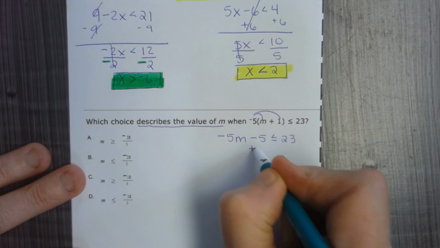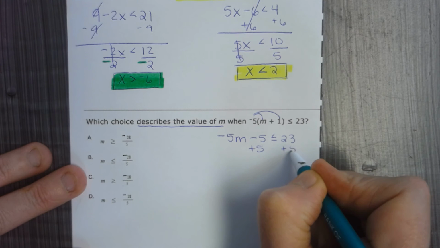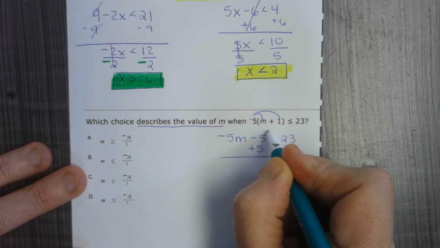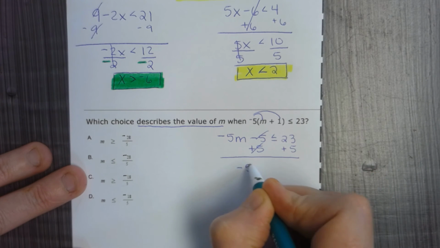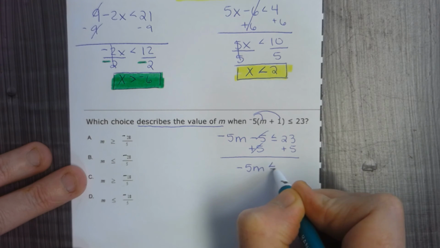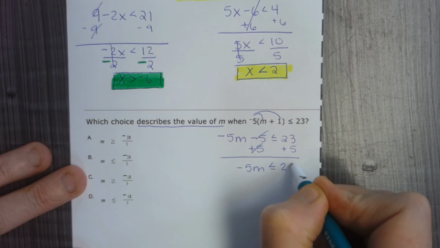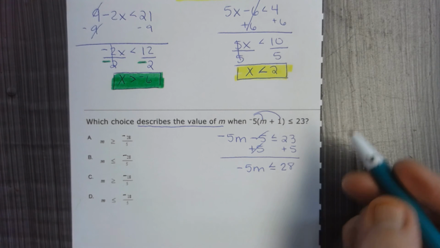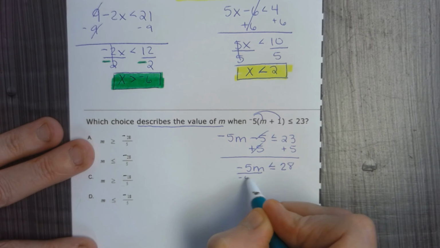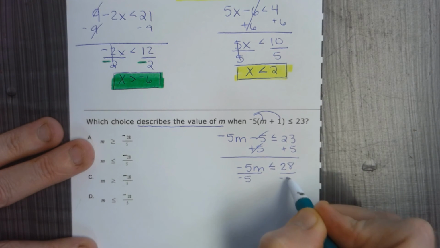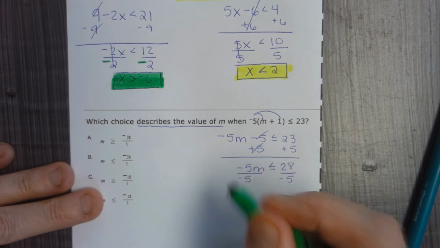Okay, we're going to add 5 to both sides of the inequality. Bring down negative 5m. Bring down your inequality. 23 plus 5 is 28. Now we're going to divide both sides by a negative number.